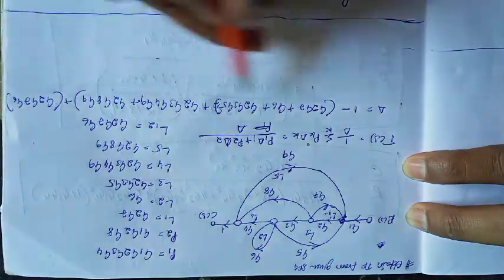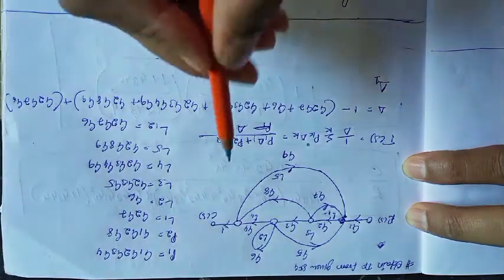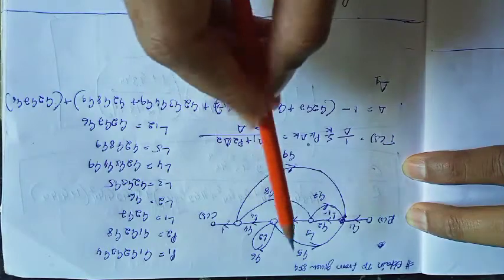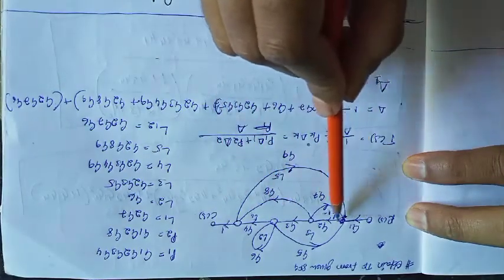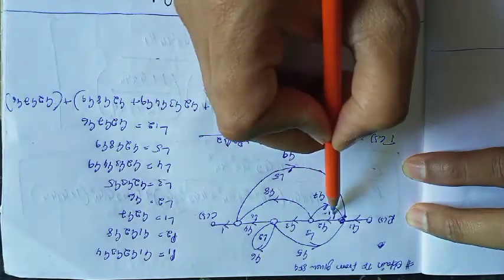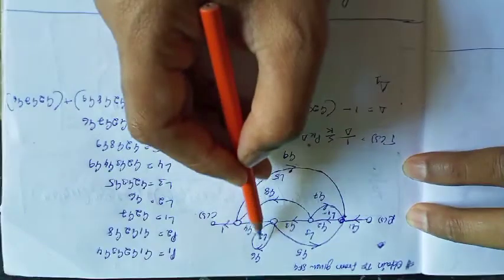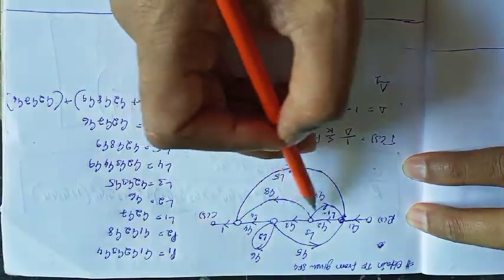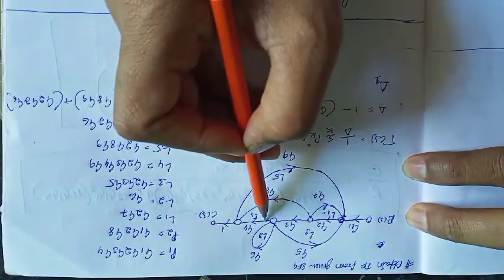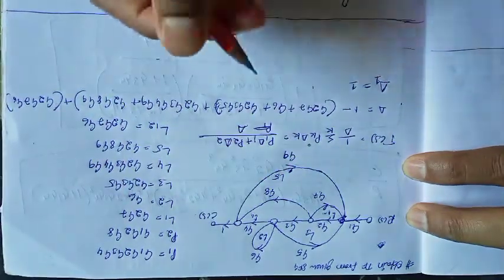This is our delta. Now for delta 1, we have to check whether all the loops are touching the first forward path or not. Loop 1 is touching the first forward path, loop 2 is also touching, loop 3 is touching, similarly 4 and 5, hence delta 1 equals 1.